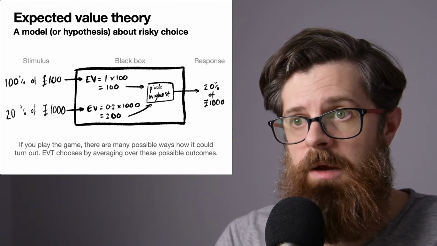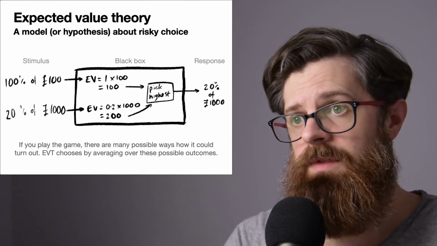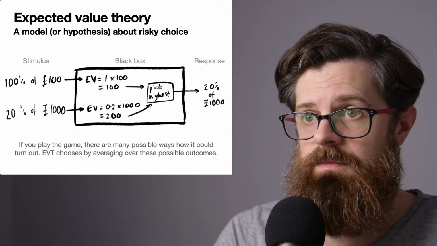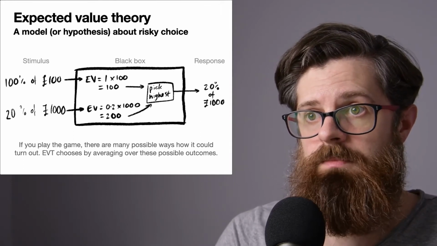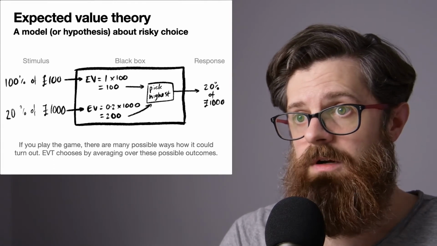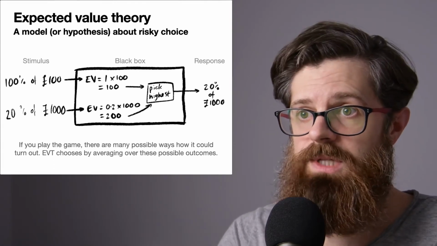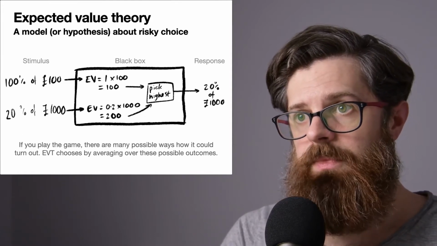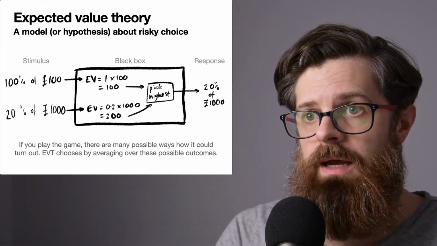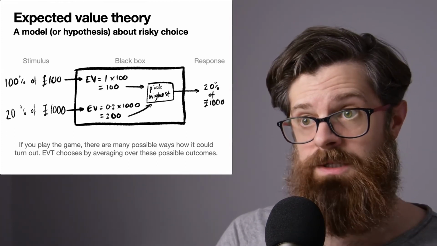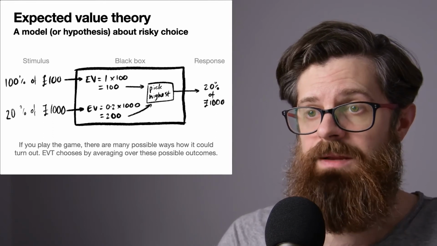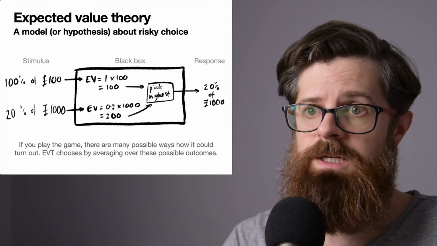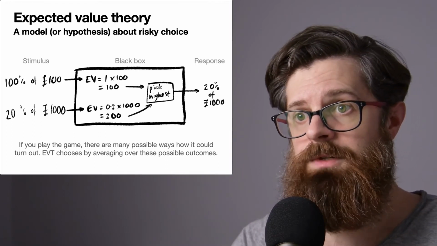But what about the expected value of the other choice? 100% chance of 100. Well, that's simple to work out. It's basically 100. We have a complete certainty that if we were to choose that, we would be given £100. So according to expected value theory, a person acting in accordance with it would be predicted to choose, in this case, 20% chance of £1,000.